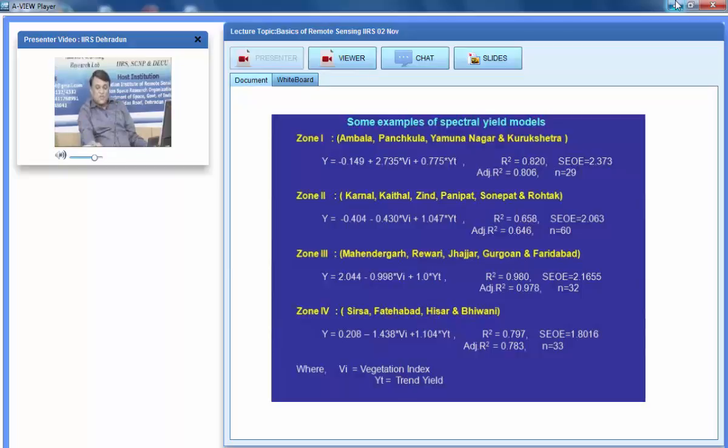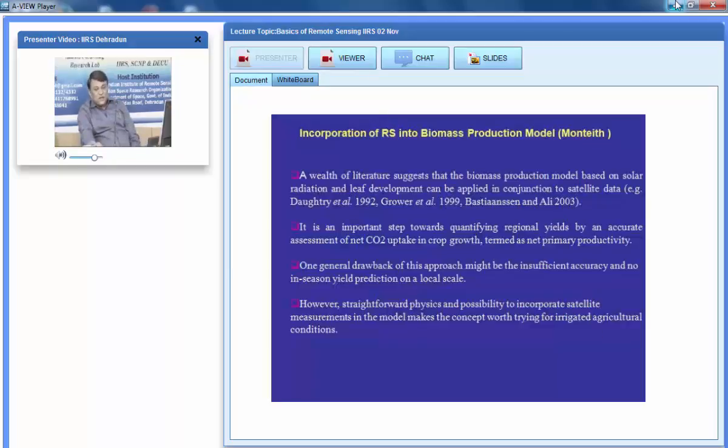There is also the biomass production model, a concept based on the light use efficiency concept. It is one of the most widely accepted approaches for quantifying net primary productivity in annual crops.